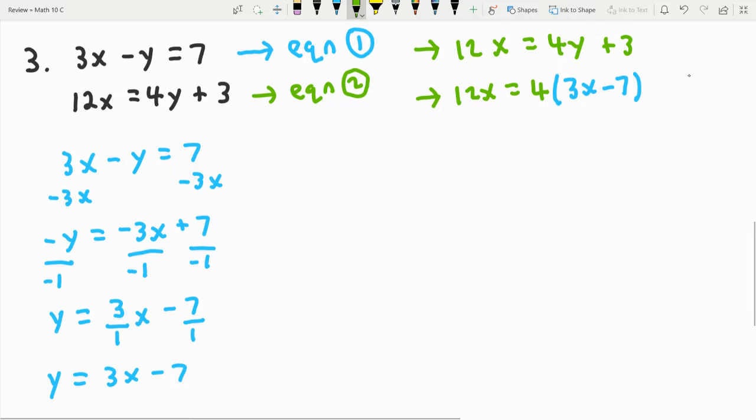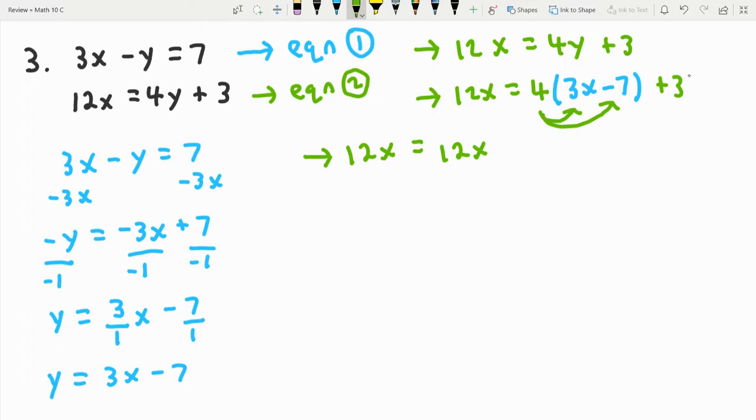Now I continue on and add my plus 3. When I simplify this down, I still have 12x on the left-hand side, but on the right-hand side, I'm going to multiply 4 into 3x and 4 into negative 7 because I really want to get rid of my brackets. If I do that, I should have 12x, because 4 times 3x is 12x, and 4 times negative 7 should be negative 28, and now I add my plus 3.